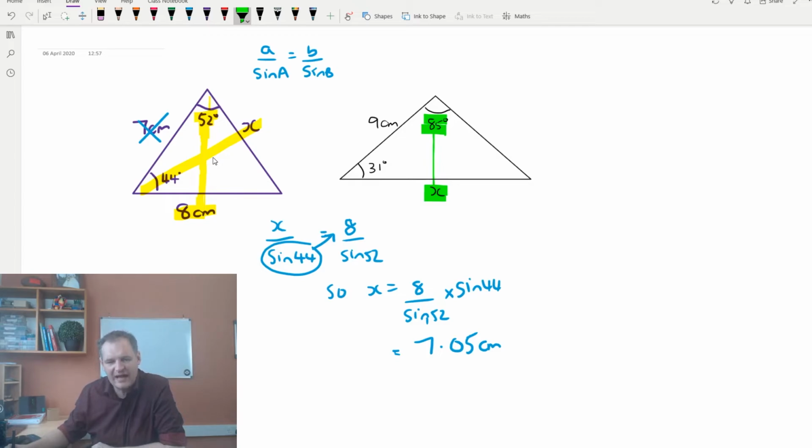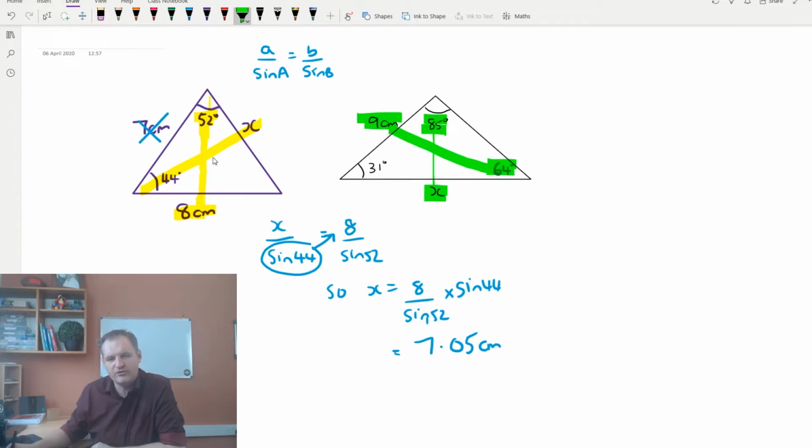But we don't have a pair of the 9 and a pair with the angle. However, angles in a triangle always make 180, so we can work out this other one. 85 plus 31 is 116, so this must leave 64 degrees here.